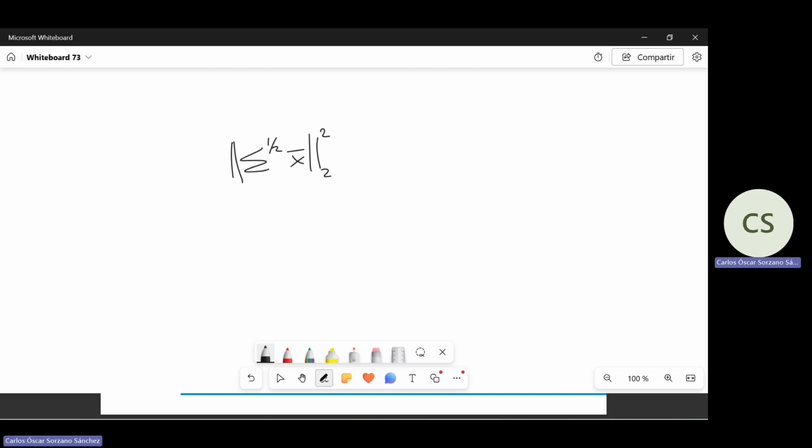So what is this? The square norm of a vector is x transpose x, right? So this will be sigma half x transpose times sigma half x. And now we have two terms, this transpose and this one.